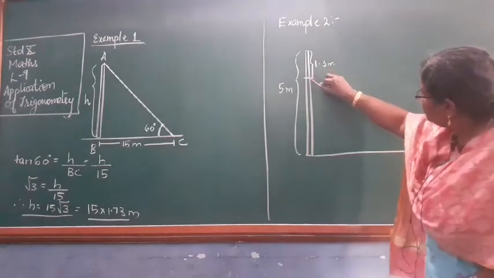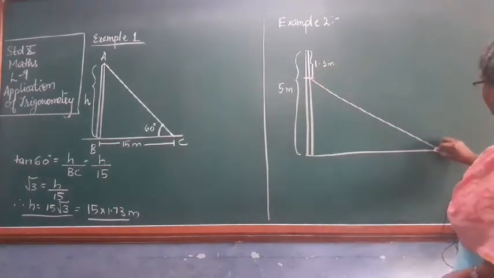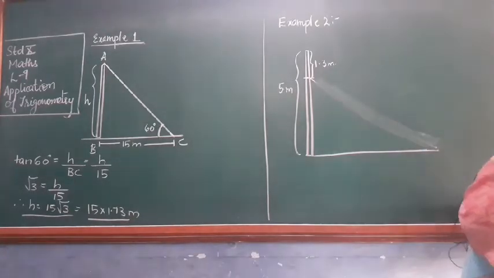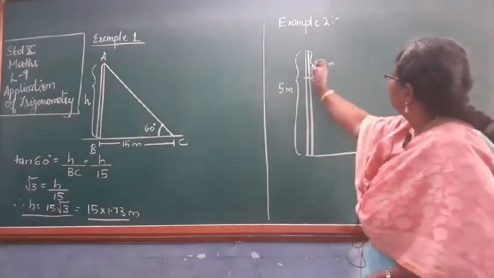So there is an inclination of 60 degrees. Okay, this doesn't look like 60 degrees. I can make it a little more correct.